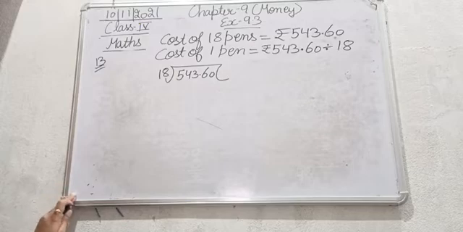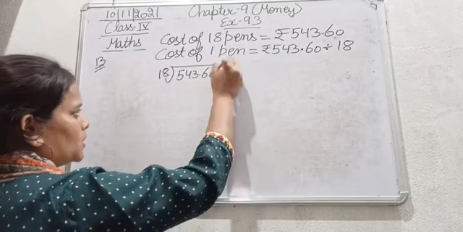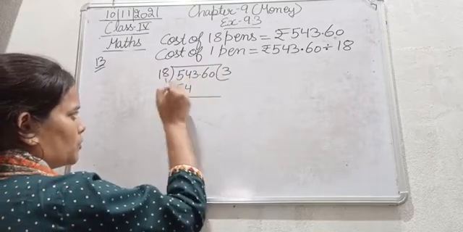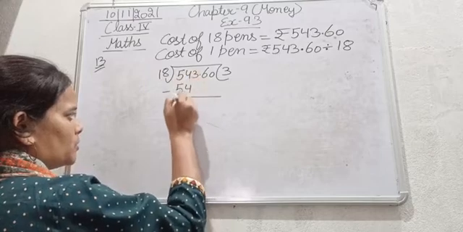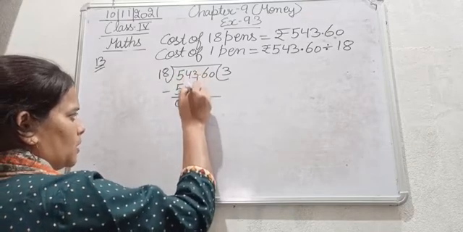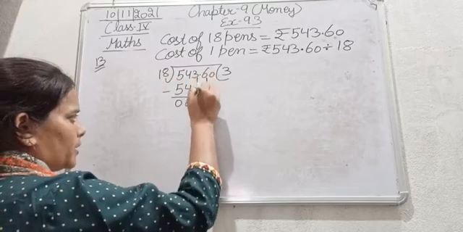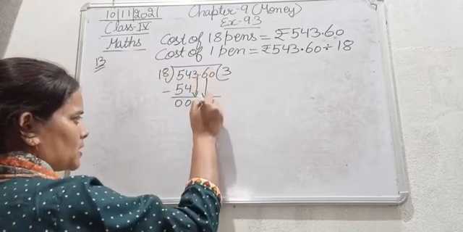18 threes are 54, subtract, 0. Now bring down 3. Can you divide 3 by 18? No. We will bring down the next digit, that is 6.